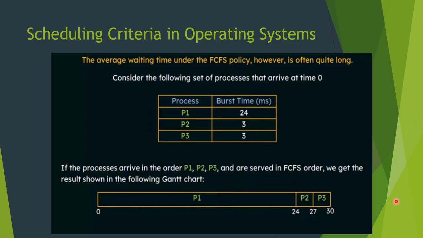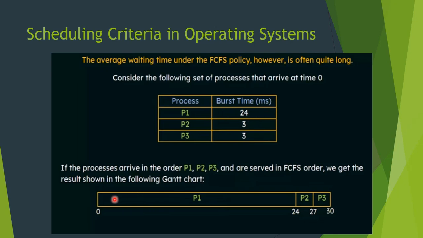We shall draw this long bar, and since process 1 came in first, because this is the order in which they arrive. Now, this is one example of what we would call a convoy effect, whereby process 1 has a burst time. The burst time is simply how long it's going to use the CPU. So you'll find that process 1 needs 24 milliseconds to use the CPU.